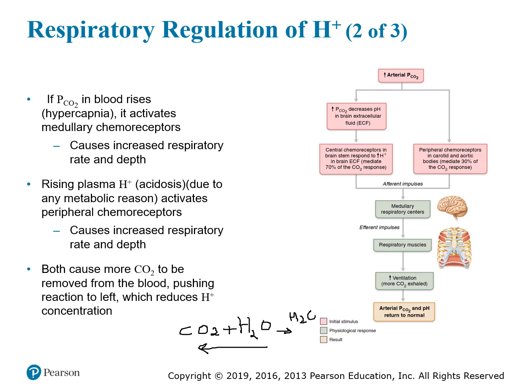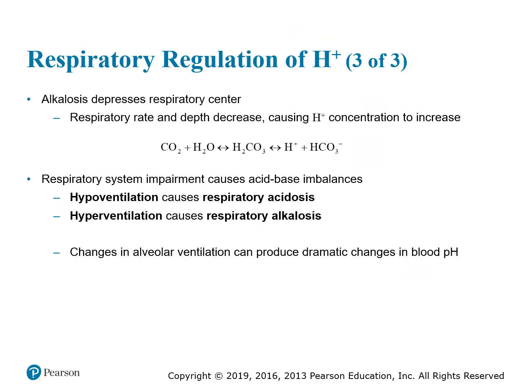So this reaction, instead of going this way, is going this way. All right, now let's move on to the next slide. And now what happens when there is alkalosis? When there is alkalosis, this reaction is going to go this way. And now we have more H plus ions, and this will correct the alkalosis.